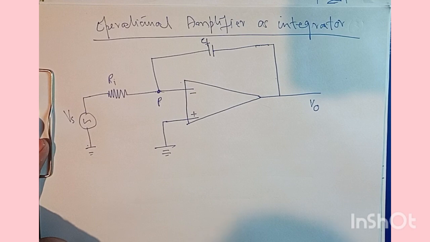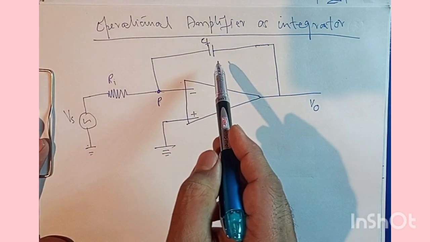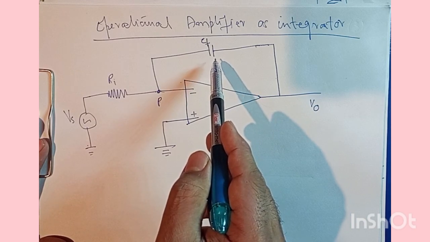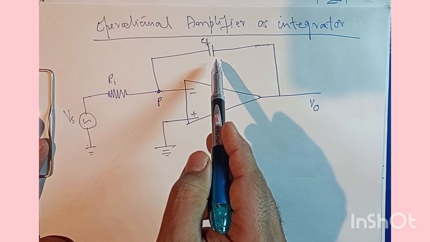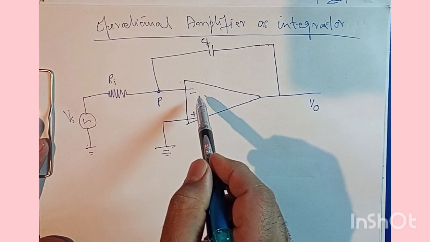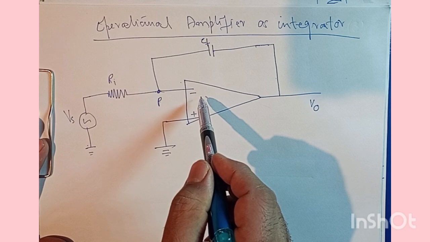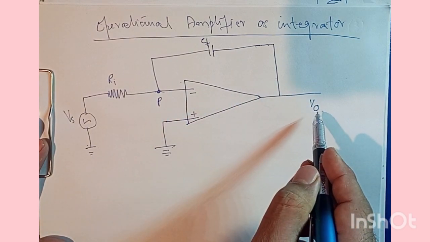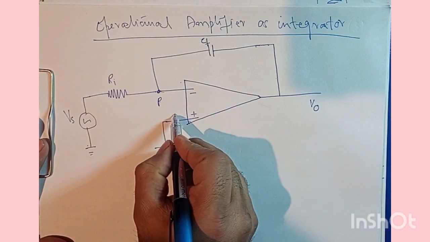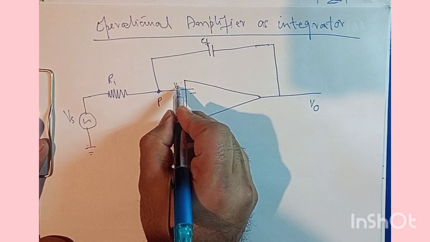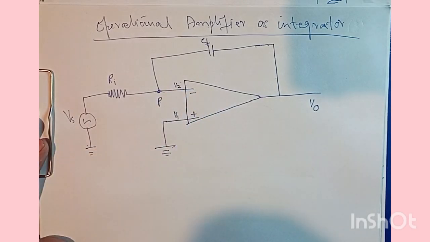This is an operational amplifier, and we have used a capacitor at the feedback point, and we have subjected the signal to the inverting terminal of the operational amplifier. We have an output voltage V out, and this voltage is V1, and here the voltage is V2.